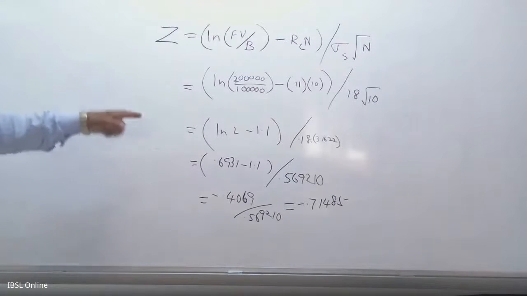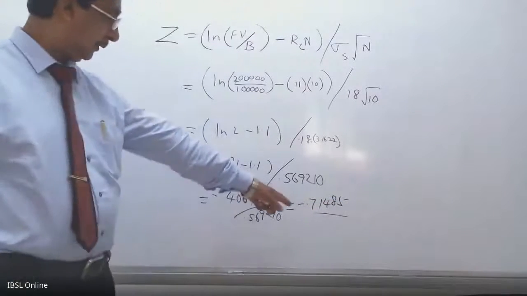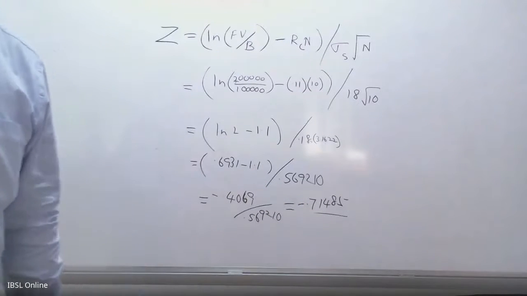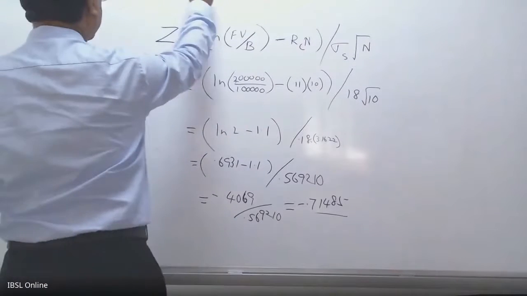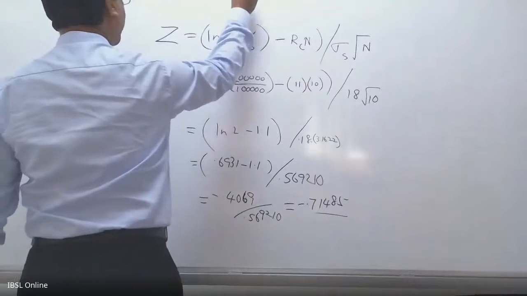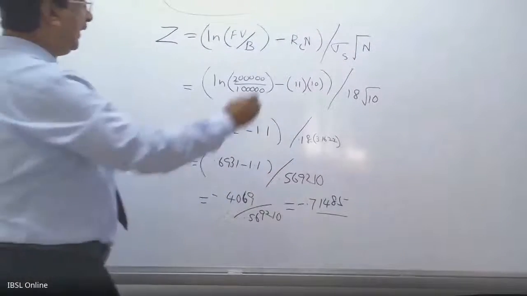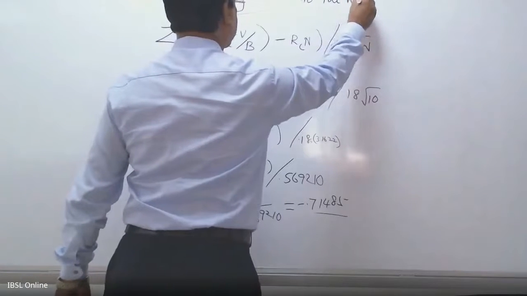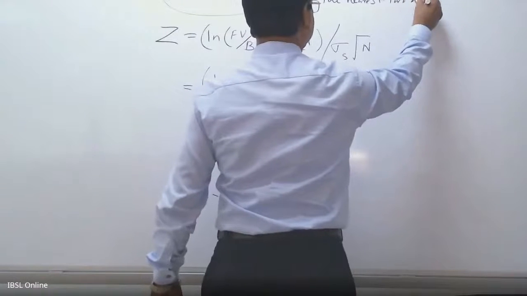But if you get the nearest 2 decimals answer, you will get Z as minus 0.71 to the nearest 2 decimals.